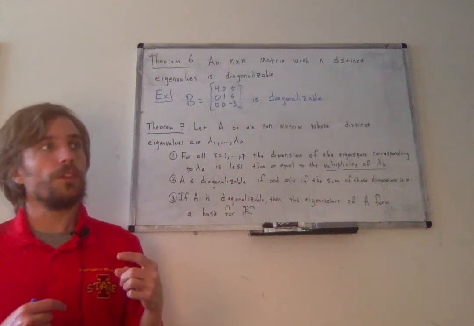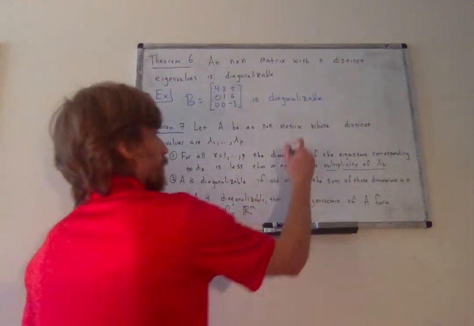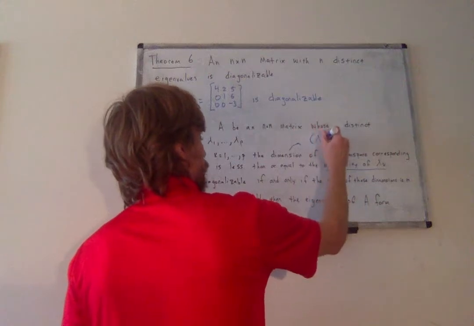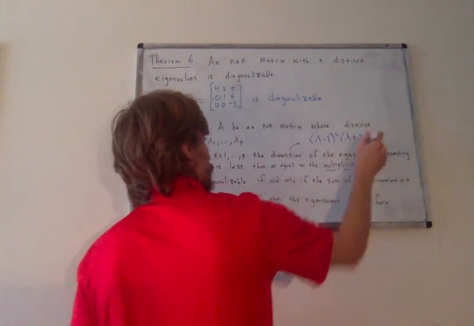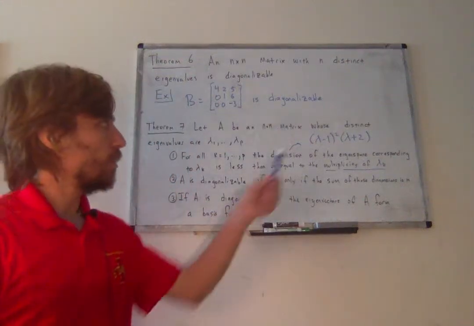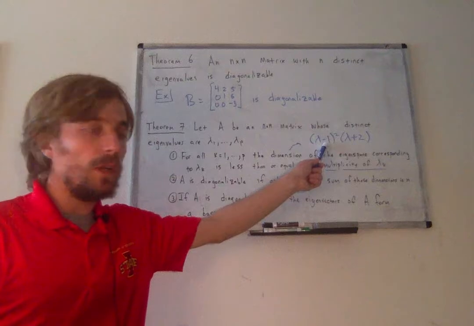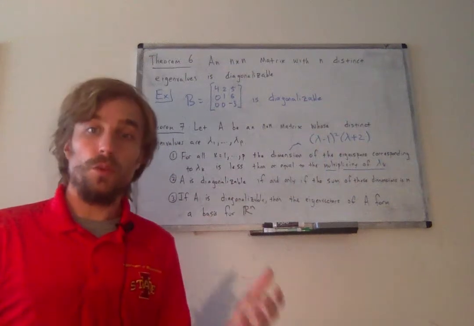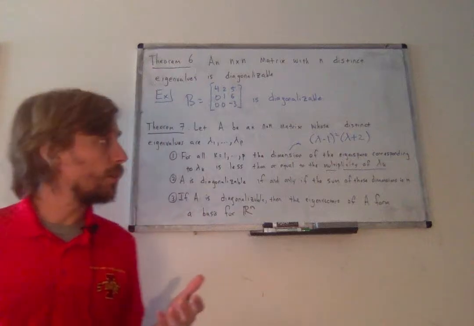So remember, for example, if my characteristic polynomial was, say, lambda minus 1 squared times lambda plus 2, well, here lambda equals 1, because 1 is a root of this polynomial, would have multiplicity 2. Lambda equals negative 2 would have multiplicity 1.